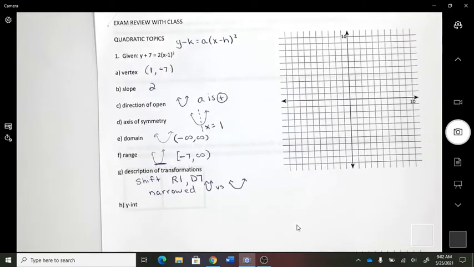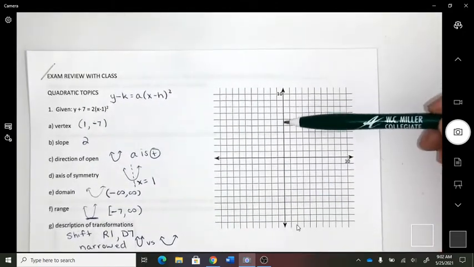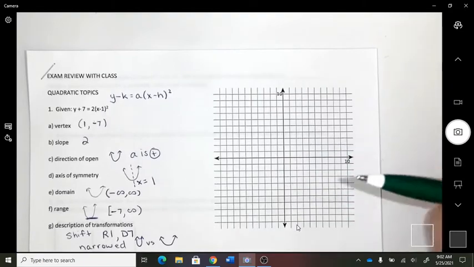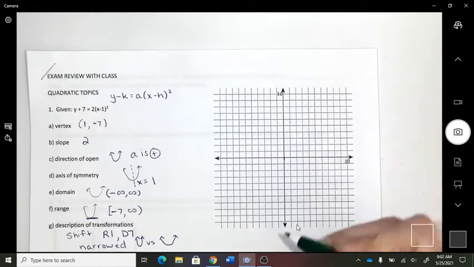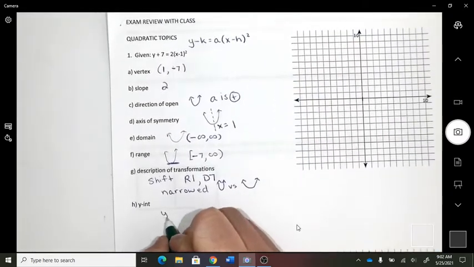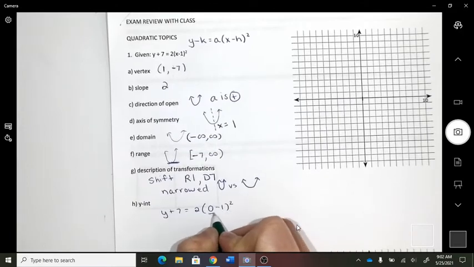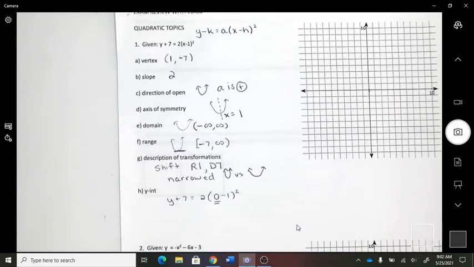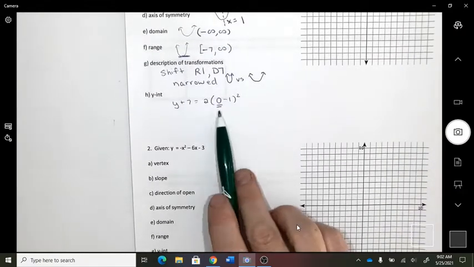And what is the Y-intercept? Okay, so when you find a Y-intercept on anything, you're looking for where it crosses this axis, which is where the x value is 0. When x is 0, what happens? So I put 0 in for the x.